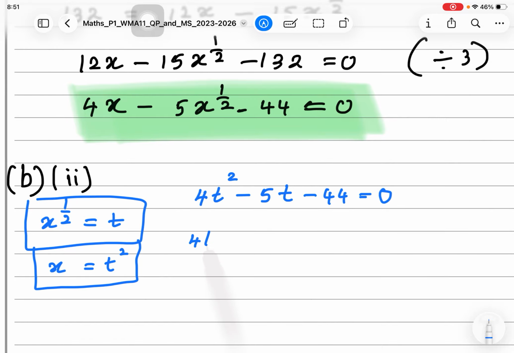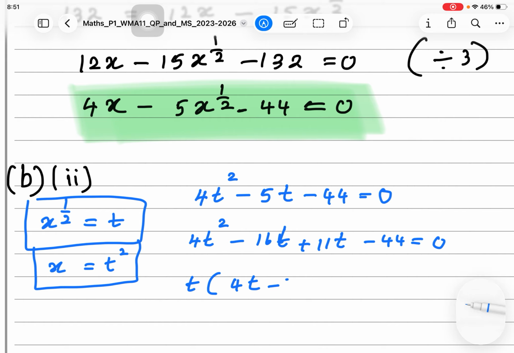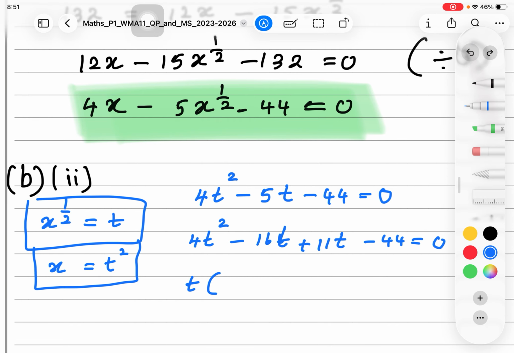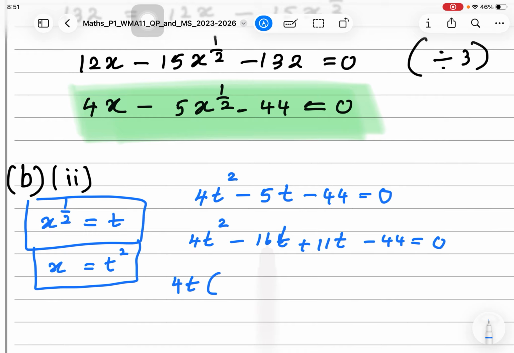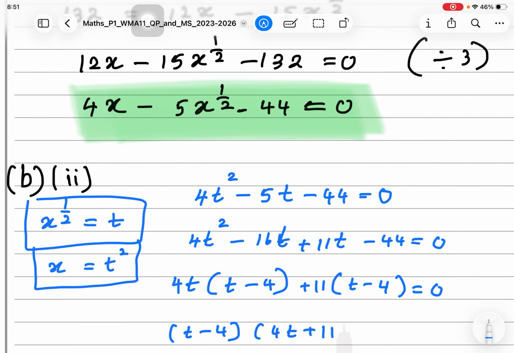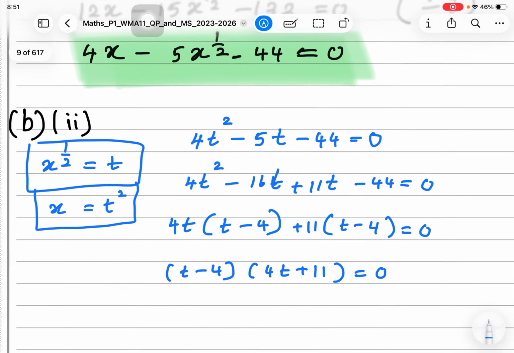If I do the simplification, the factors are (4t minus 16... ) that is, we get (t minus 4) and (4t plus 11) equals 0.